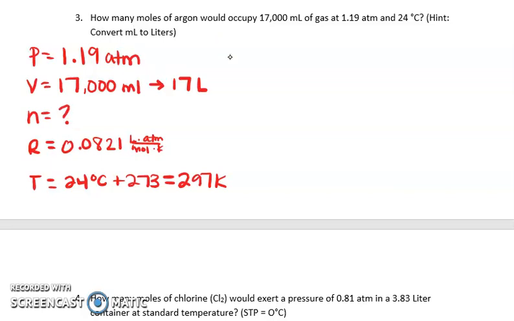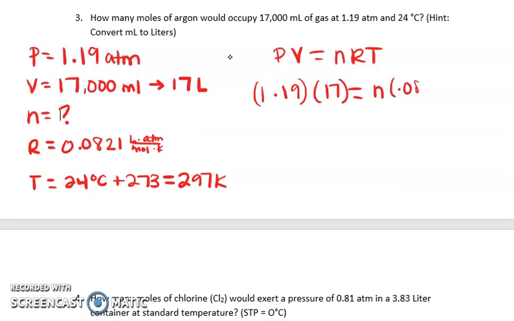Now I'm going to write out my ideal gas law, PV equals nRT. I've got my pressure, 1.19, times my volume of 17 equals N, the number of moles, which I don't know, times 0.0821, and then times 297. So I'm going to divide these two to this side.